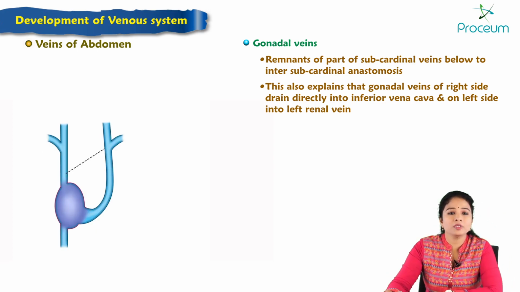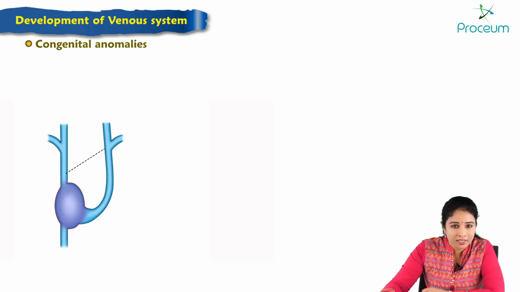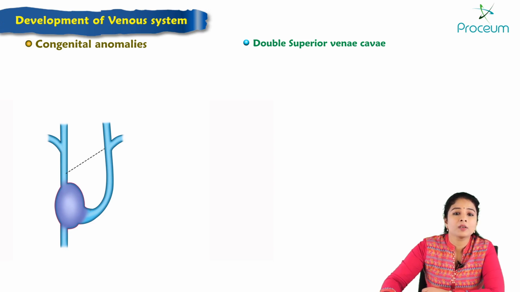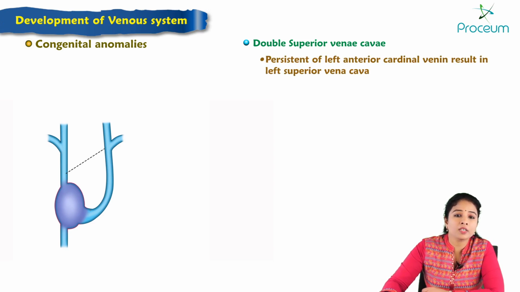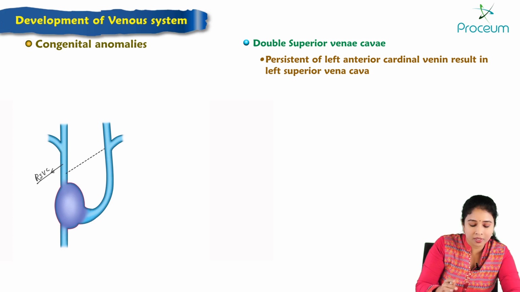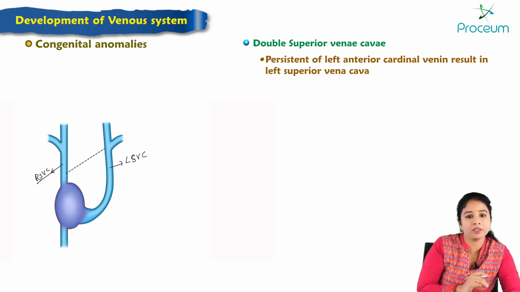Okay, let's talk about some congenital anomalies associated with the development of these cardinal veins. So first is the double superior vena cava. Persistence of left cardinal vein results in the left superior vena cava. So left cardinal vein is present here, resulting in left superior vena cava.